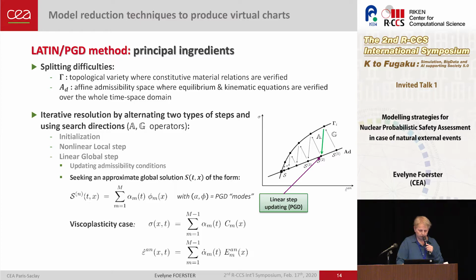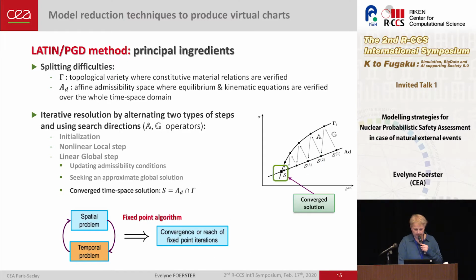So, for instance, when we are talking of structural behavior, we seek stresses or strain rates, and each is decomposed with respect to this basis, and the number of modes will govern the time efficiency of your computations, and also accuracy. And then what you do is have a sort of fixed point algorithm to get to the converged solution with respect to iterating between space and time for the global step.